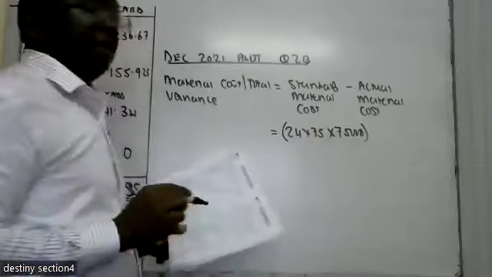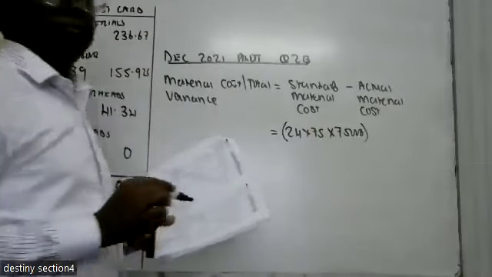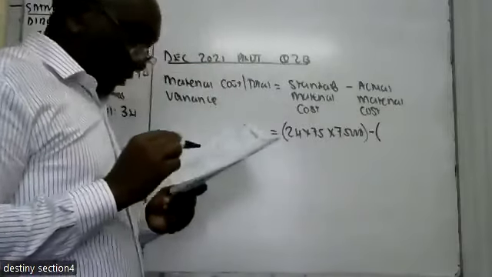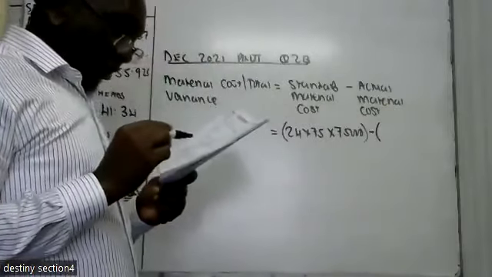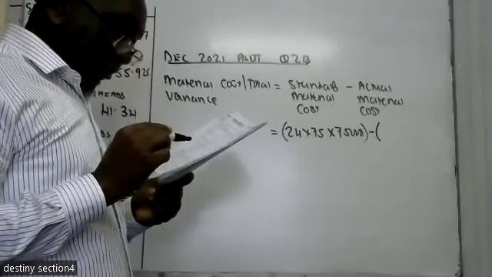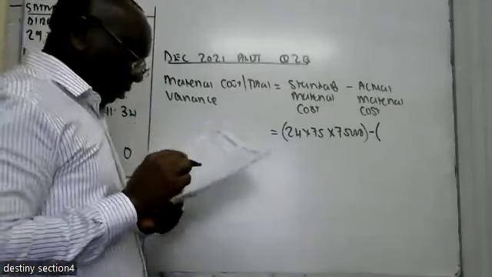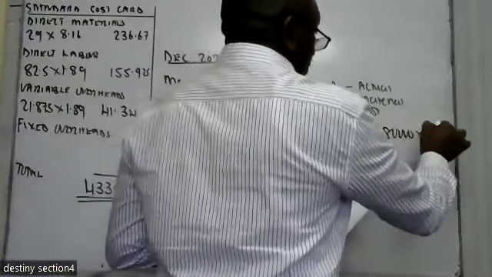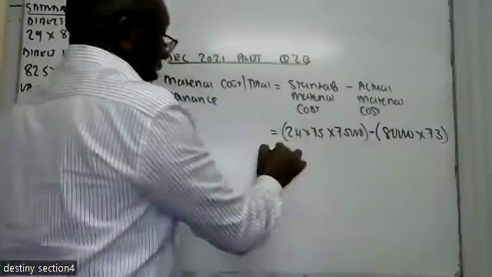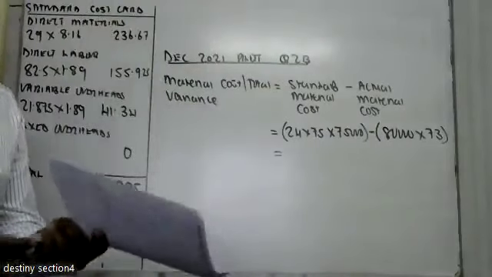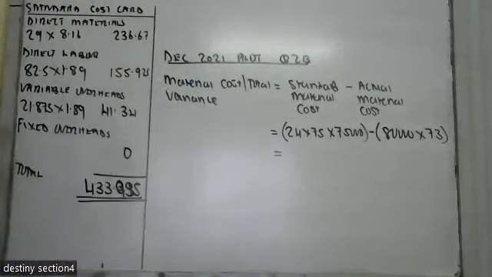That is now the standard material costs. You come and look for the actual material costs. The actual material costs say that records prove that 80,000 units of materials were used at a price of 73.